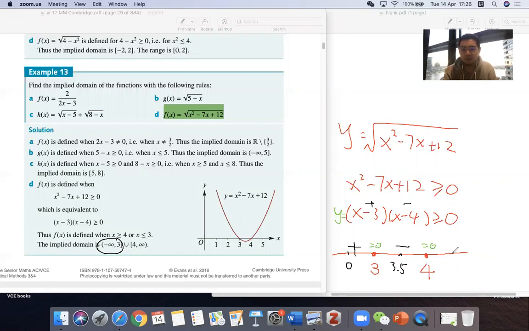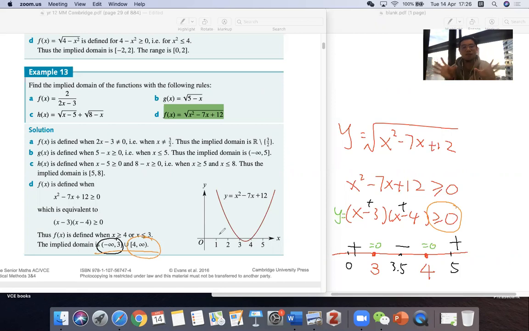And greater than 4, we can plug in a number, 5, over here. So it becomes positive and positive. So greater than 4 gives me positive as well. And of course, I want greater or equal to 0. So this one I also want over here.